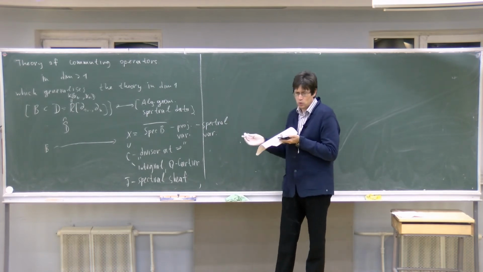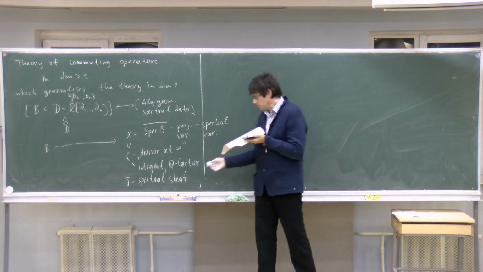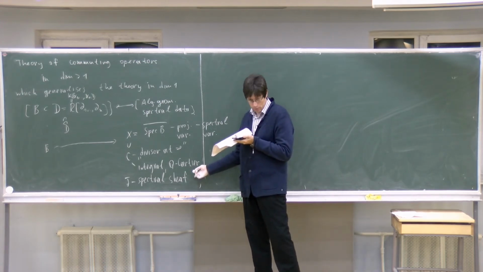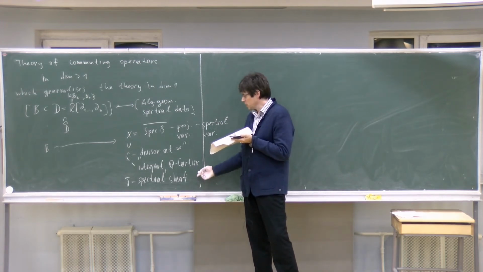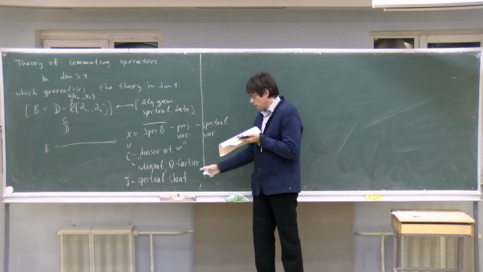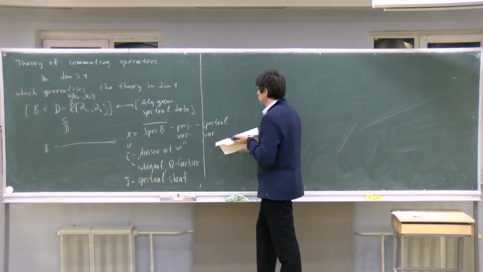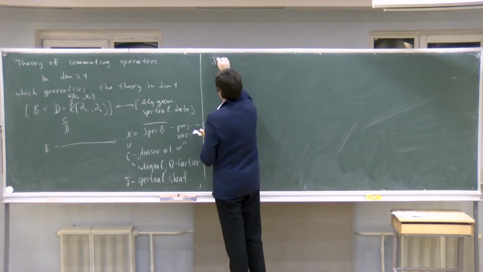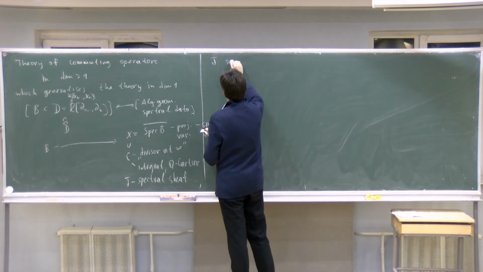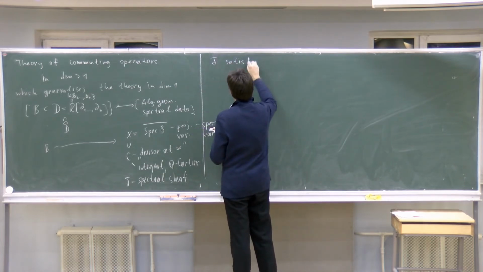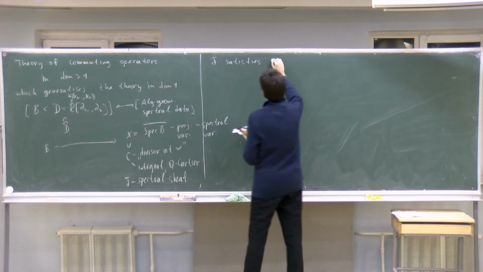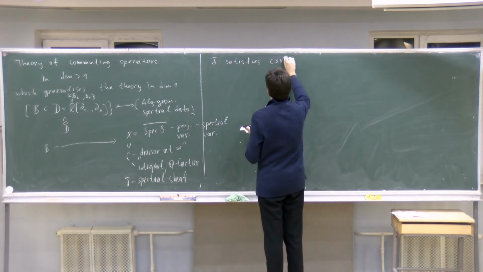But if we exclude these trivial cases, then usually this is not a vector bundle. And therefore, moreover, we have certain restrictions on this sheaf. F satisfies certain conditions.